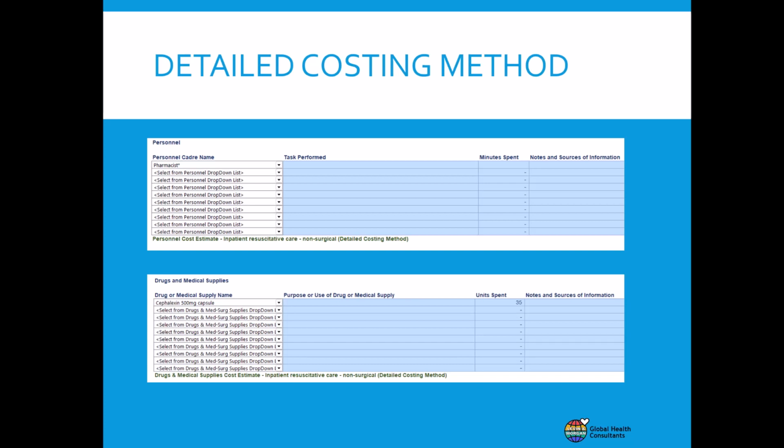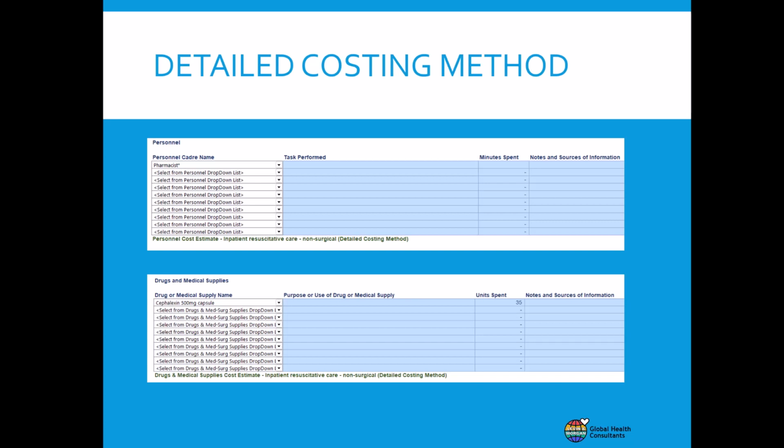So here you will see the personnel list, where we can select from drop-down lists the type of personnel who is involved in the procedure. We can write in the task performed, and we can write in the number of minutes spent, and any other notes or sources of information that we think will be useful as we review this.